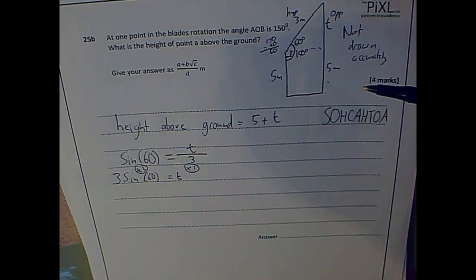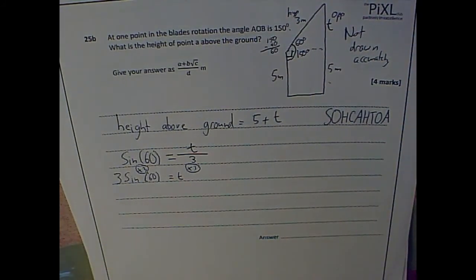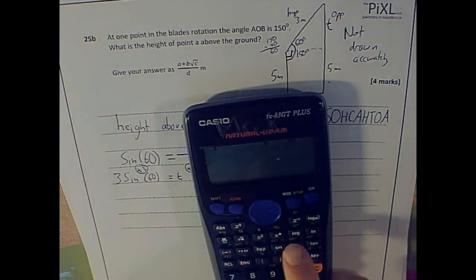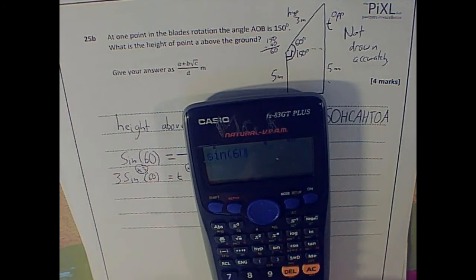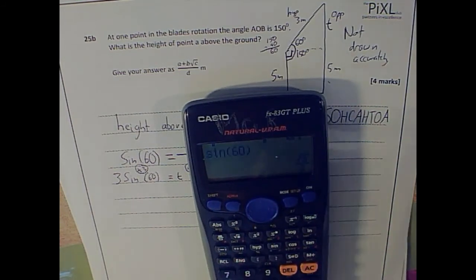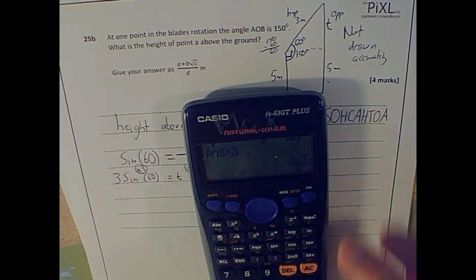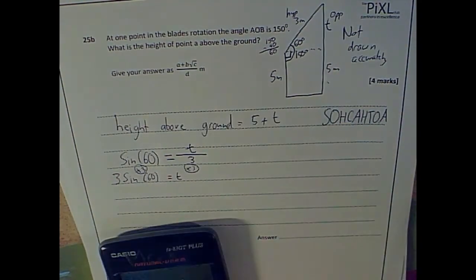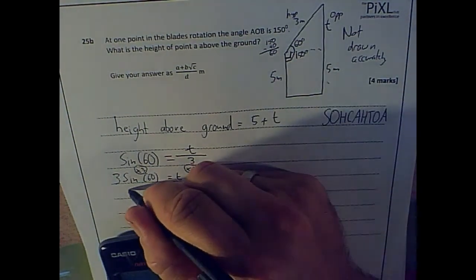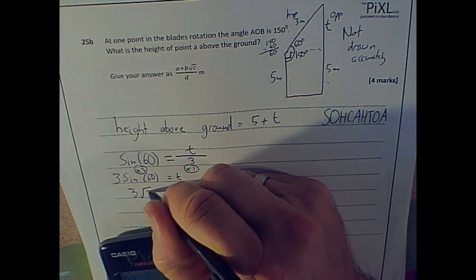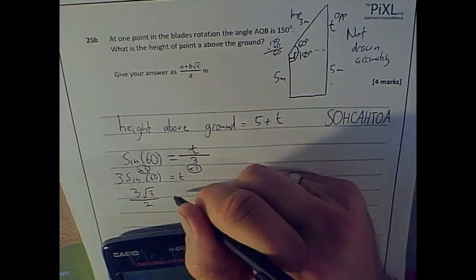So you should know what sine 60 is, but let's just put it in the calculator. This is a calculator paper, so I'm not going to shoot you if you don't know. So sine 60 is root 3 over 2. So if I times that by 3, because I want 3 sine 60, that's 3 root 3 over 2. So T equals 3 root 3 over 2.